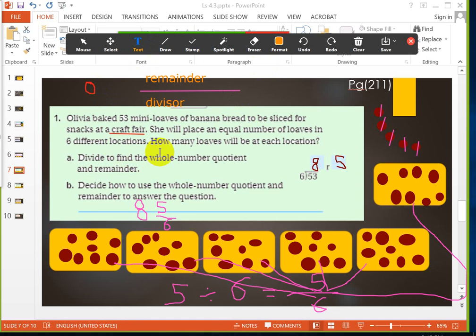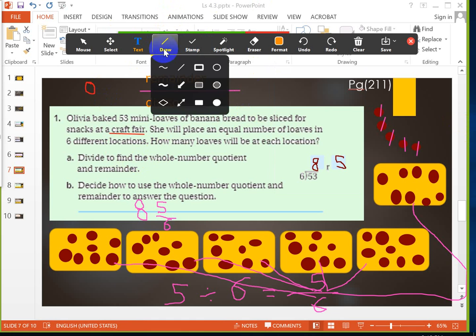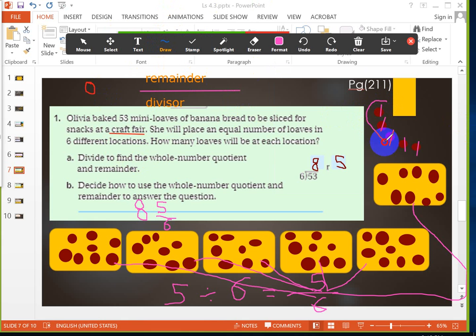But if I want to understand why it's remainder over divisor, look, I have this amount of bread left with me, these 5 loaves. I want to divide it equally between 6 locations, so I will take those loaves and divide 5 by 6. Look, 5 divided by 6 means 5 over what? 5 over 6.